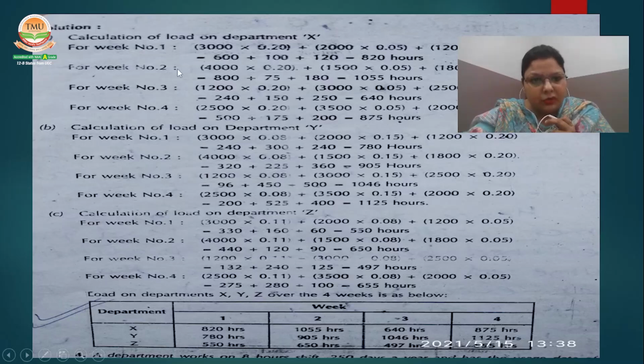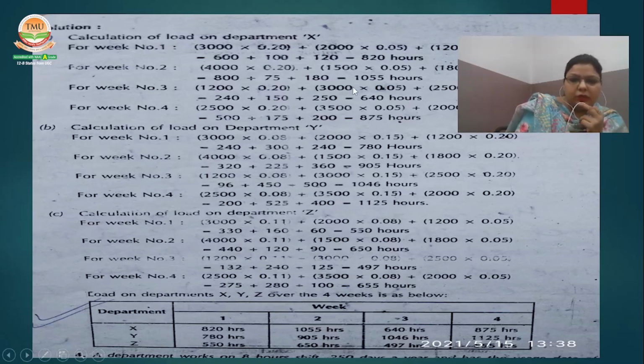For week number 2, we did the same calculation, and we found that the X department will take 1055 hours. For week number 3, the company will take 640 hours, and for the next week, 875 hours. In the same way, we can easily calculate department Y and department Z. Here in this table, these are the weeks 1, 2, 3, and 4.